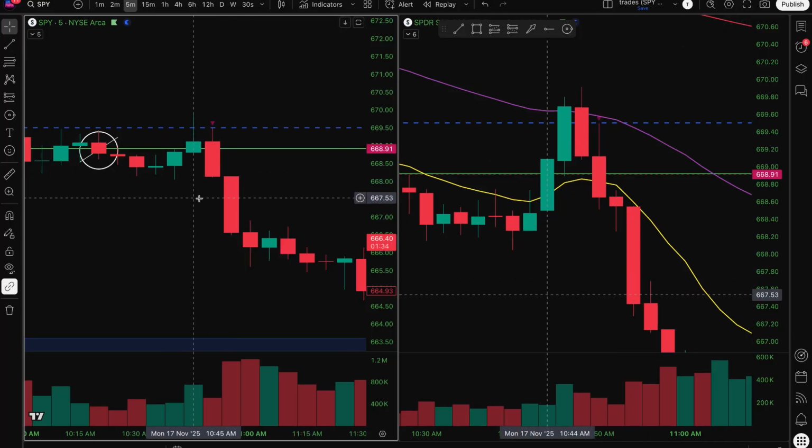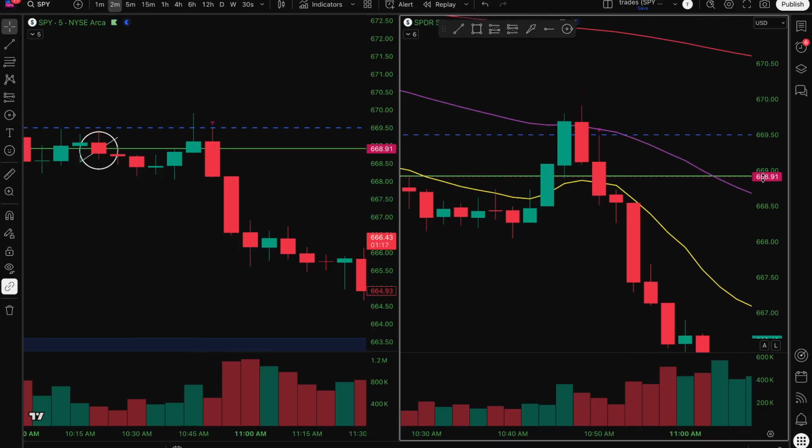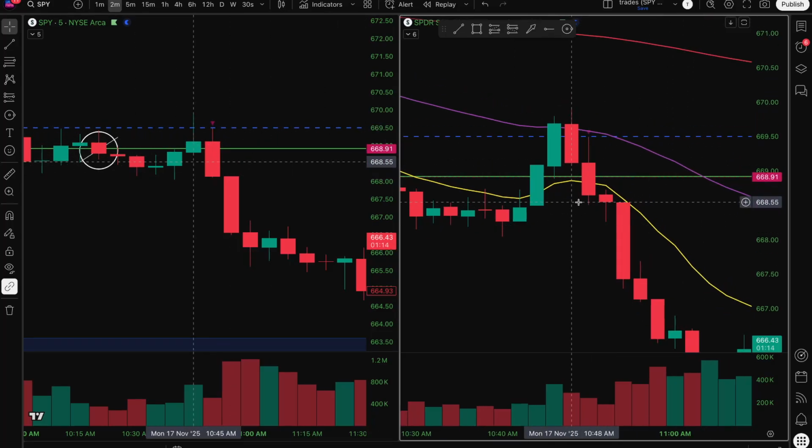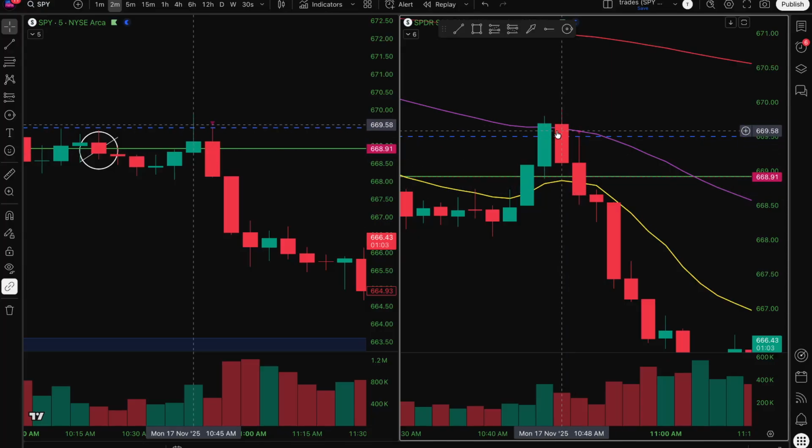But on the 5-minute, it shows that the volume did increase on the green candle, but the way that the green candle closed shows that the sellers stepped back in here and pushed the candle back down below the pre-market on the 5-minute. So once we got that, our entry could have been after the close of this candle right here. So we would be closing below the 13 EMA after this rejection up here.